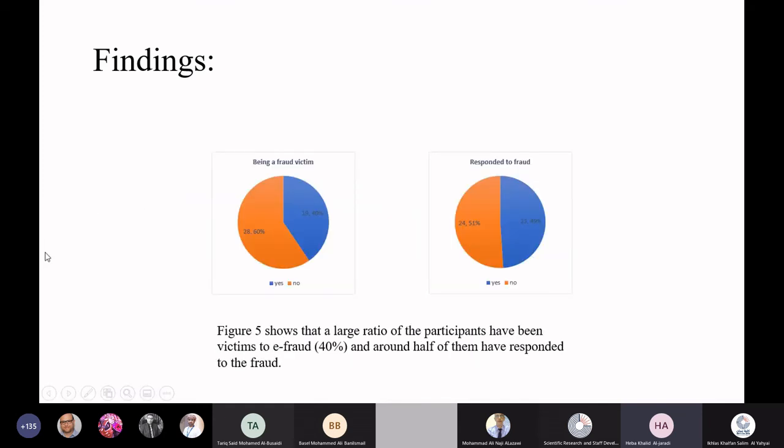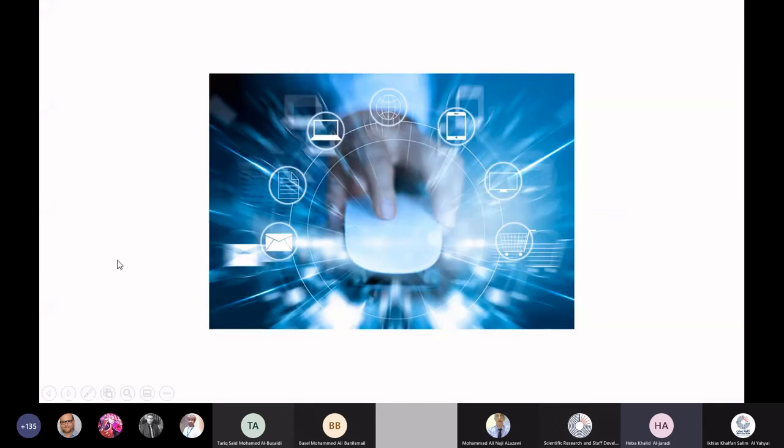So at the end, we asked them if they have ever been victims of fraud, and shockingly, they were. At the end, e-services are becoming a vital part of our world. We cannot ignore that.